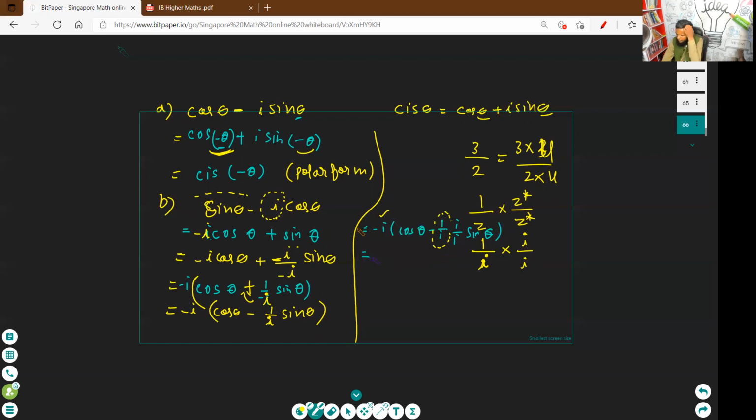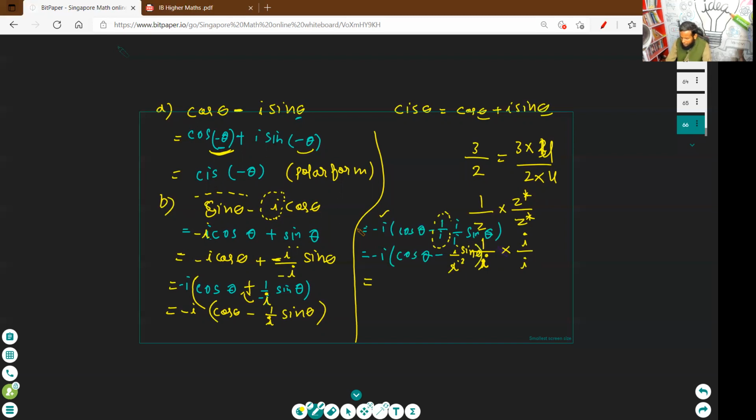That would be minus 1. Yes. Cosine theta minus, 1 over i becomes iota over iota square, sine theta. What is the value of iota square?